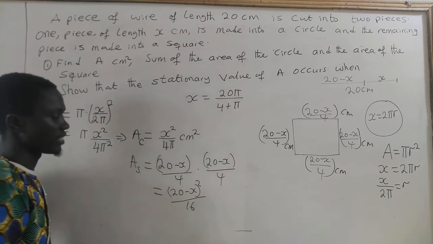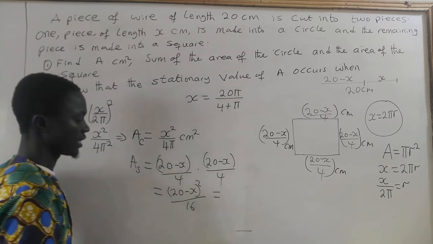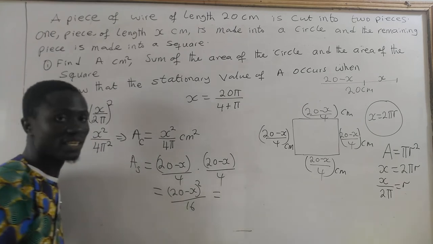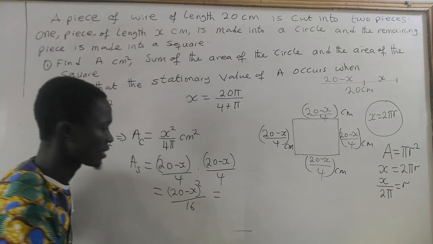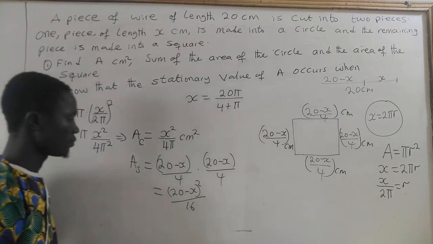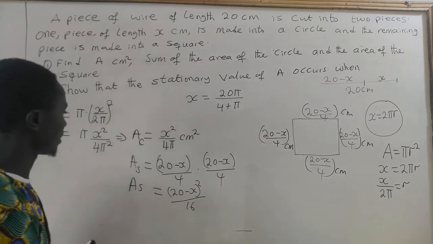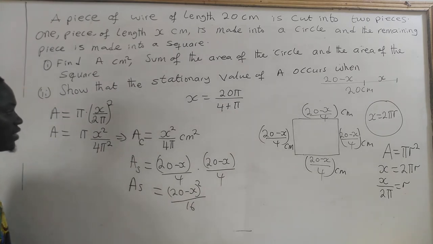Very simple. It can be simplified, but let's leave it here and use it. Since we have found the area, there's no need to proceed further. Let's end up here. Very simple as that. So now we can answer question I.